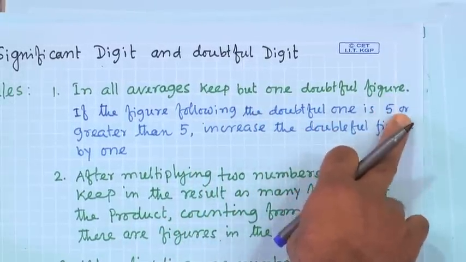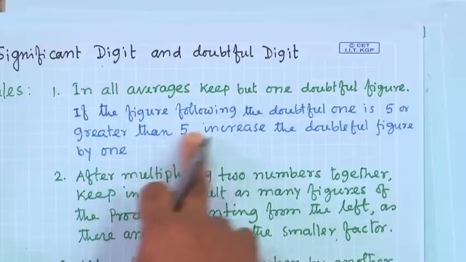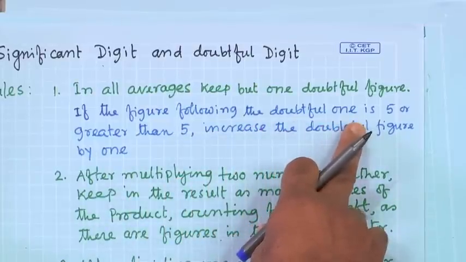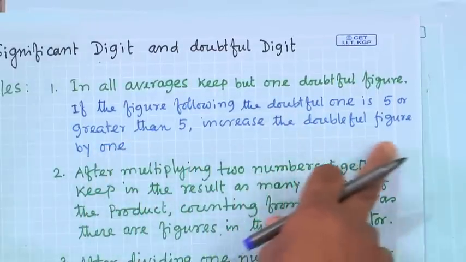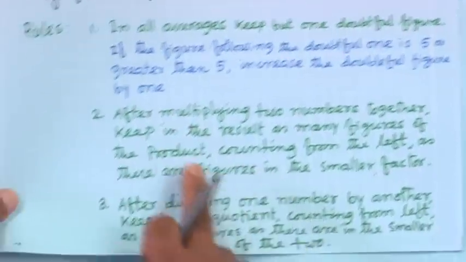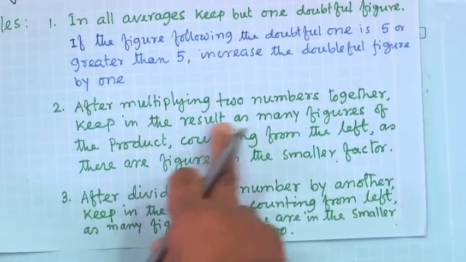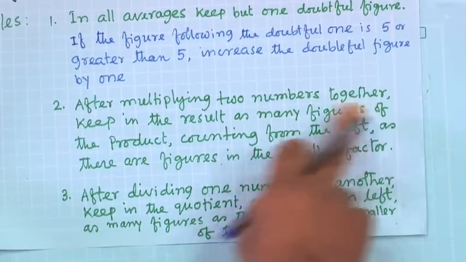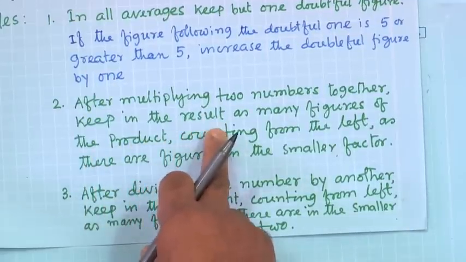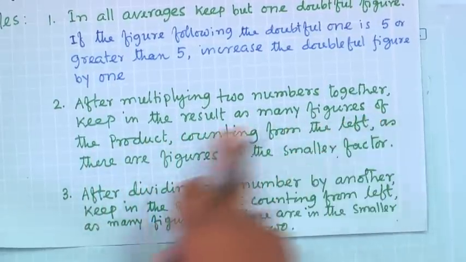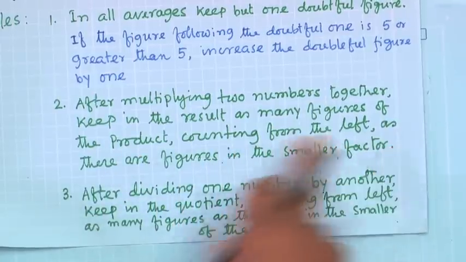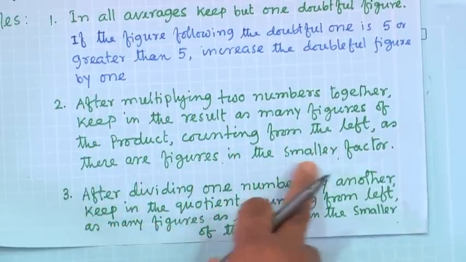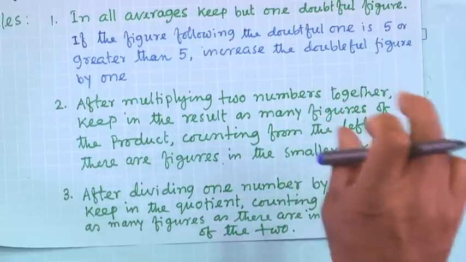If the figure following the doubtful one is 5 or greater than 5, increase the doubtful figure by 1. The second rule is, after multiplying two numbers together, keep in the result as many figures of the product, counting from the left, as there are figures in the smaller factor.